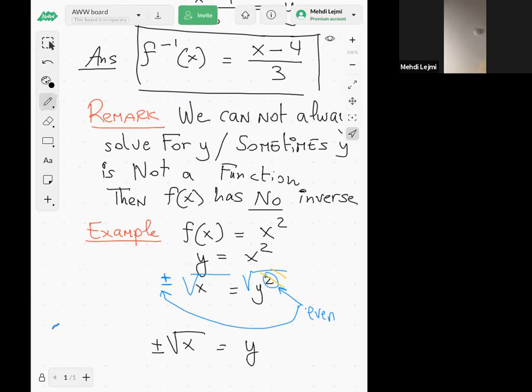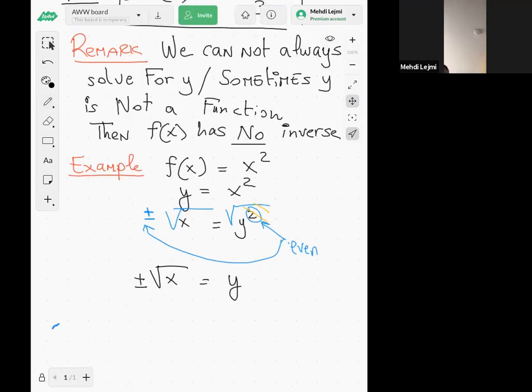And of course, this y here is not a function of x because, remember, guys, in order to be a function, for each input x there is exactly one output. And here, if your input x is 1, then you're going to have two possible outputs, plus or negative 1.